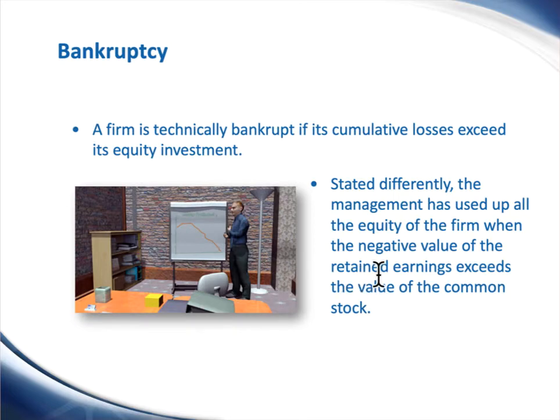And the negative value in retained earnings exceeds the value of the common stock. That's a problem, because if you are not able to avoid bankruptcy, you will have a hard time getting a good performance for the simulation and performance evaluation for the course.